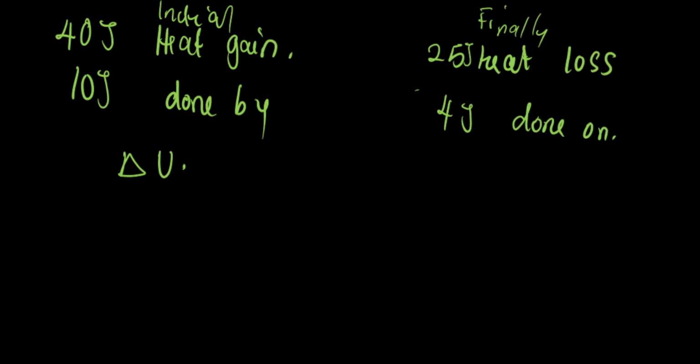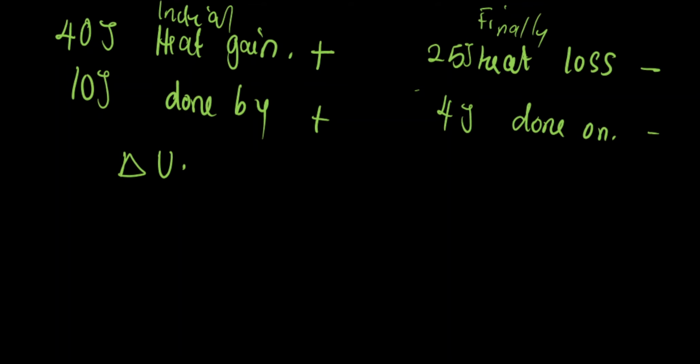Taking a look at the sign conventions that we earlier considered: firstly, heat gain is positive and heat loss is negative. Then work done by the system is positive and work done on the system is negative.